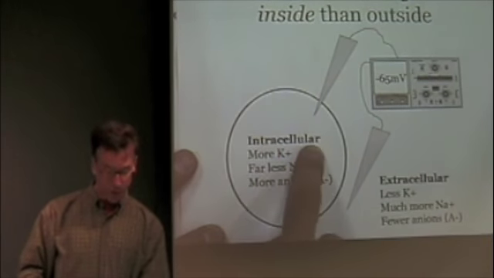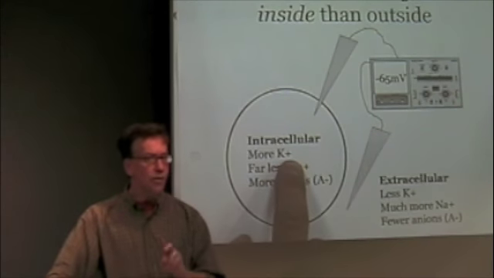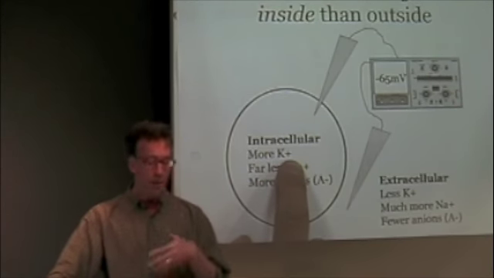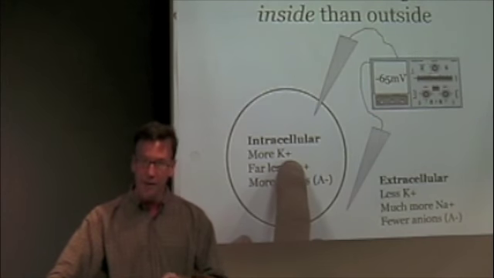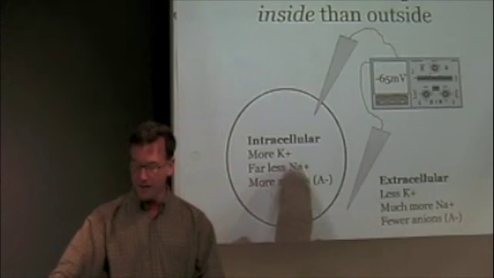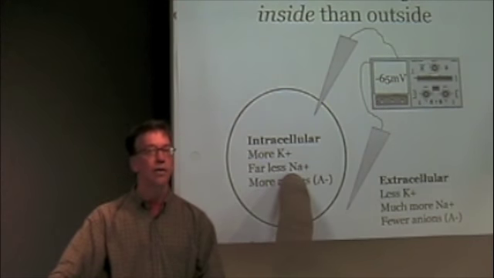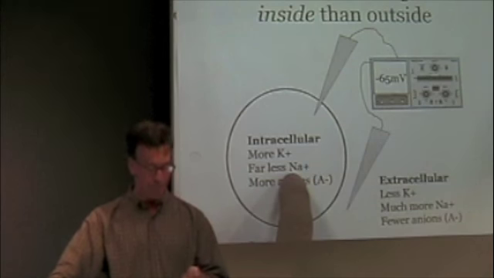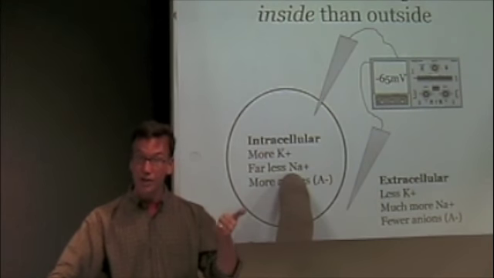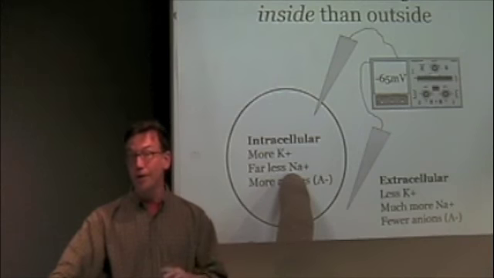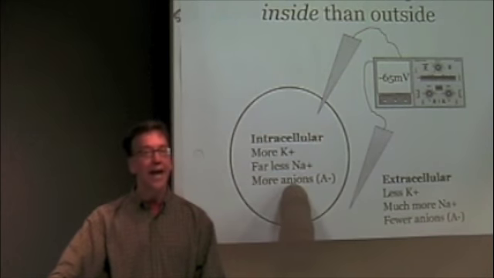Inside the cell, we have more potassium. I want you to think about the reasons why. The pump is bringing potassium in. The pump keeps bringing it in. We have far less sodium. Think about why. Because the pump is kicking sodium out, and the membrane's not very permeable to sodium. It's hard for it to get back in. And there are more anions.